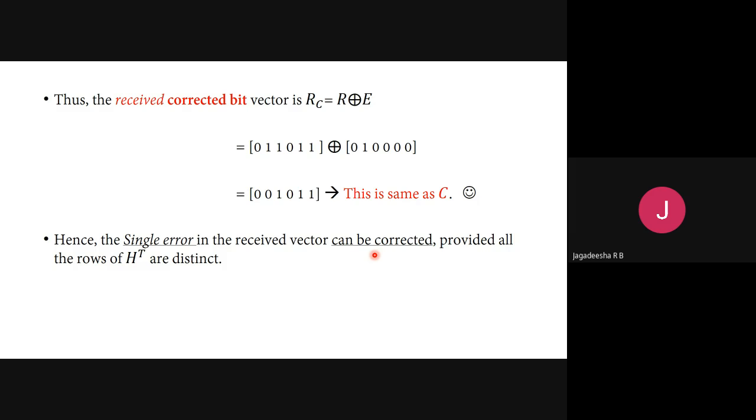It's possible that sometimes in a communication system we have burst errors. That means you transmit some data, for example this code word, and not just in one place, at many places errors are introduced. Maybe a sequence of bits continuously, the second, third, and fourth bits, are corrupted. Then this coding scheme will not work.